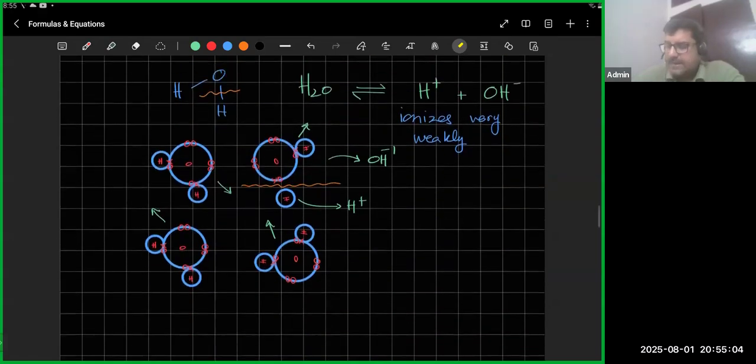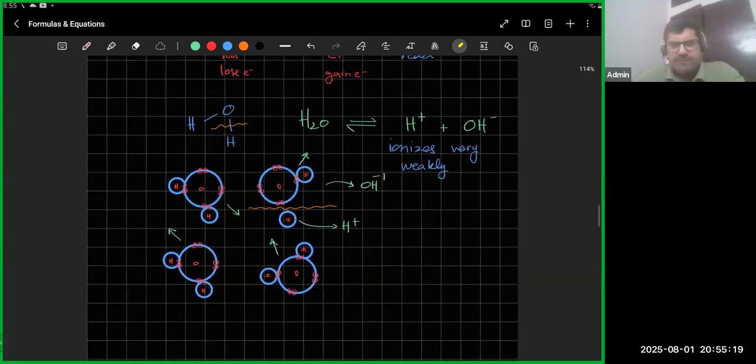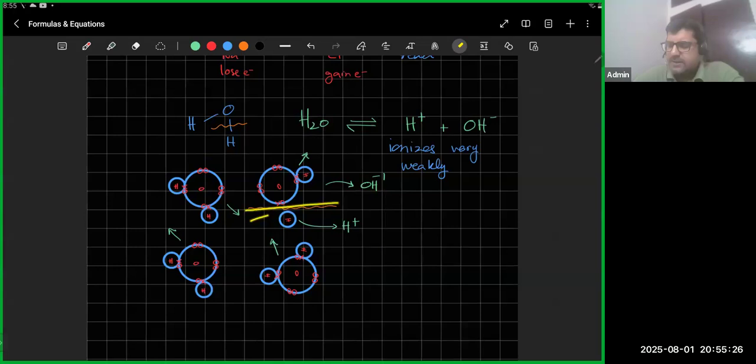And then I also told you that water is not just water, because some of the water molecules break down and produce two ions. One is H+1 and the other one is OH-1. So if you have thousands of water molecules, then a few of them during collisions might break down and produce H+1 and OH ions.